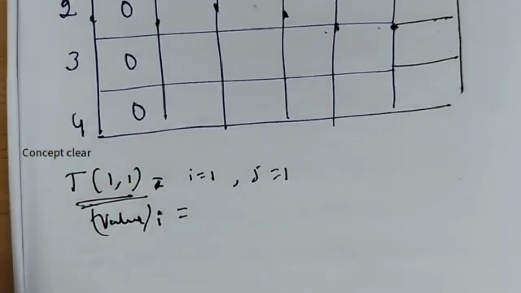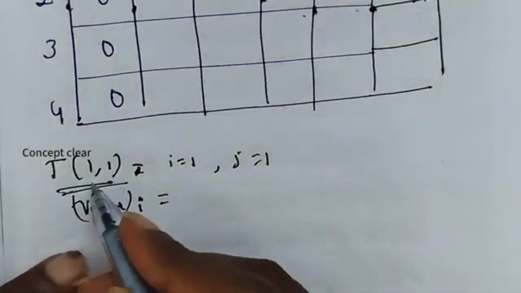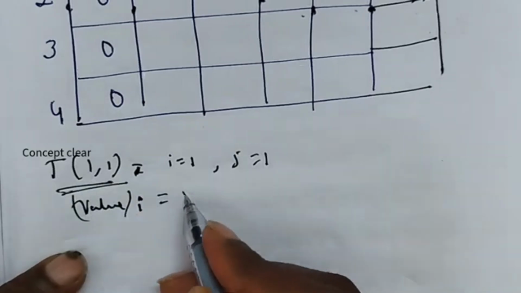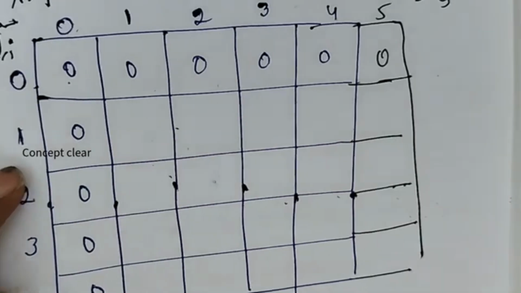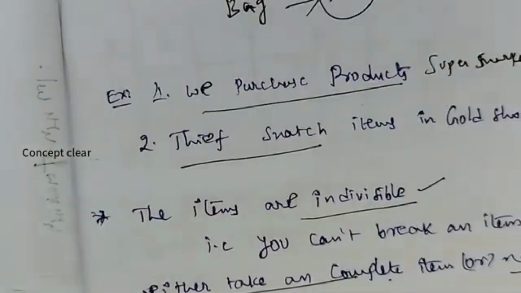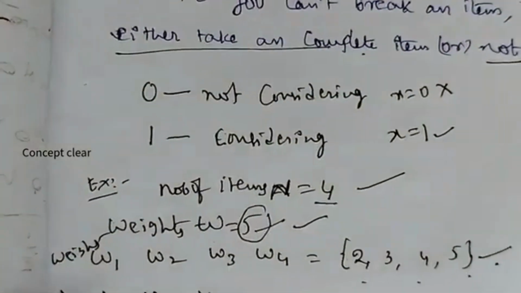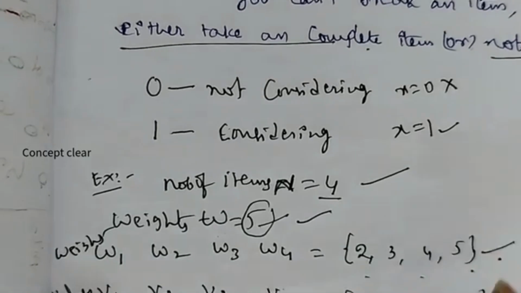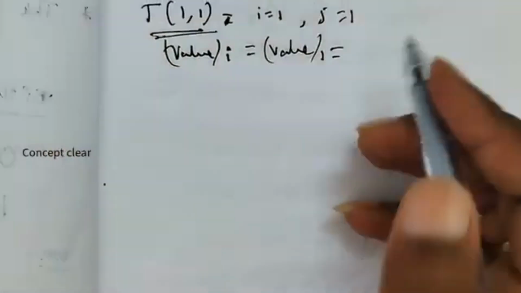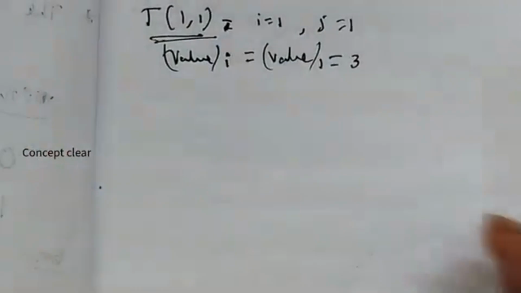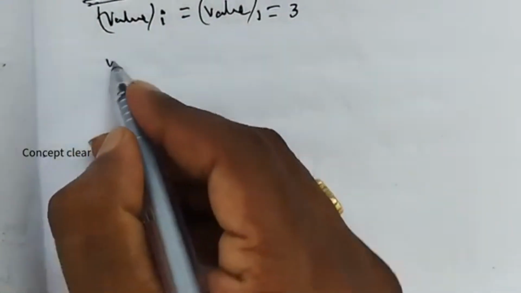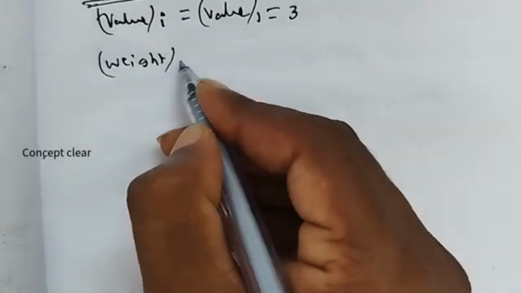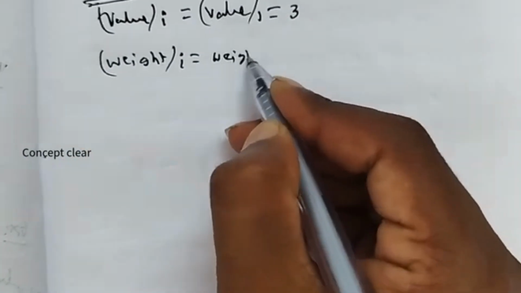What is the value of 1 in the input data? These are the values, and the value of 1 equals 3. So I take value of 1 equals 3. Similarly, we require the weight of i. What is the weight of 1?